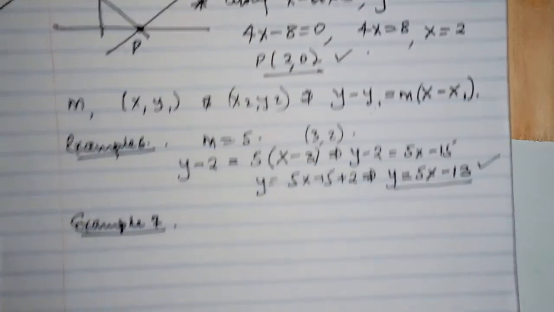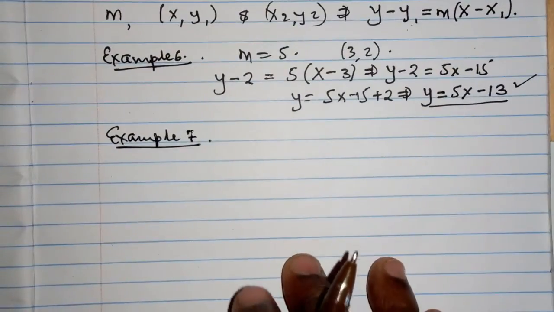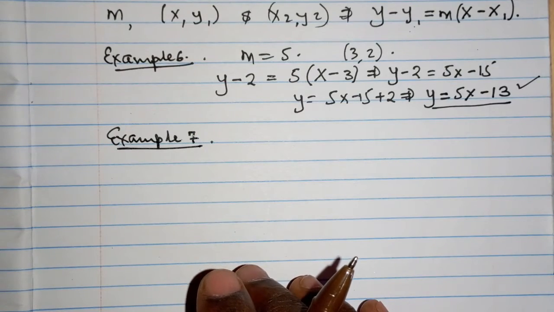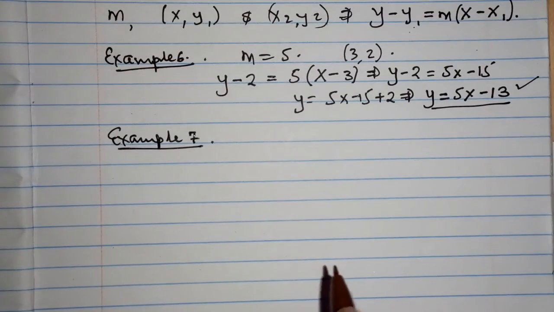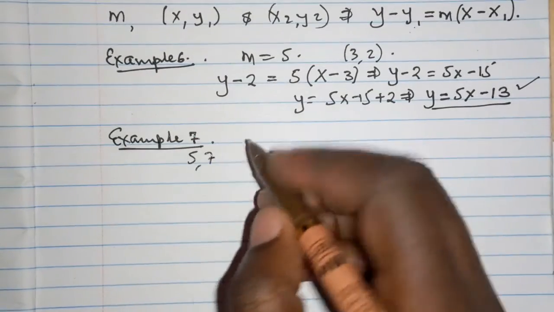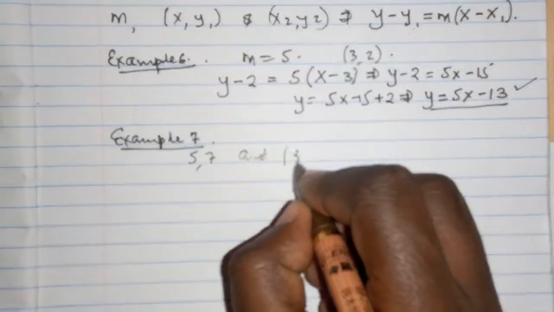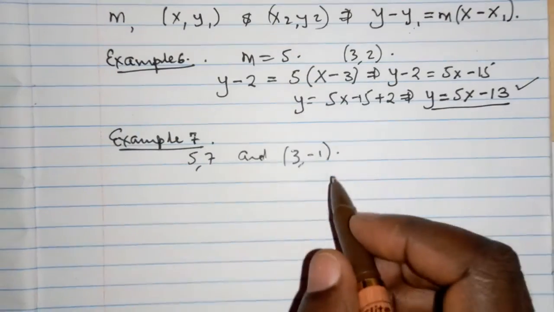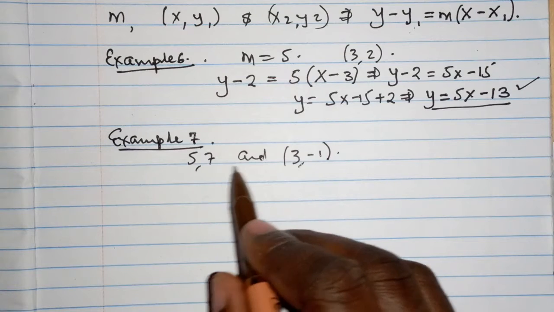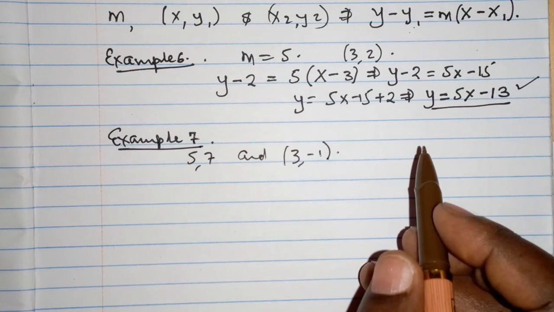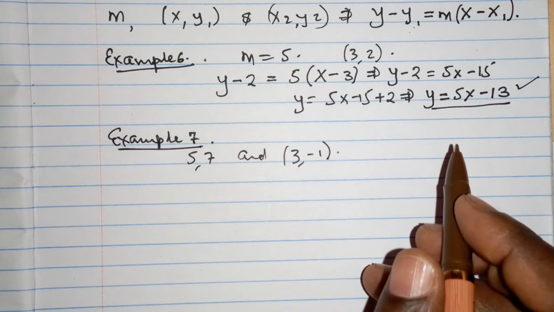Example 7. What is in example 7? You are told to find the equation of the line that passes through the points (5, 7) and (3, -1). Find the equation of a straight line that passes through these two points. One thing you will realize is that we do not have the gradient, so we have to find the gradient first.